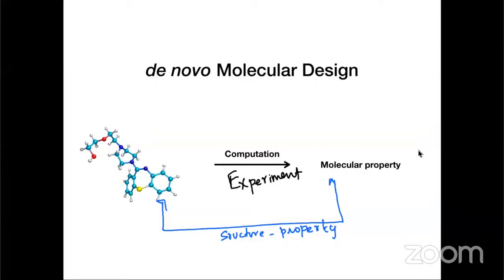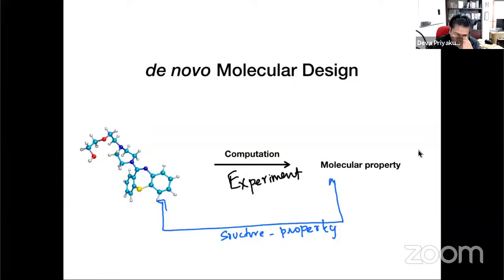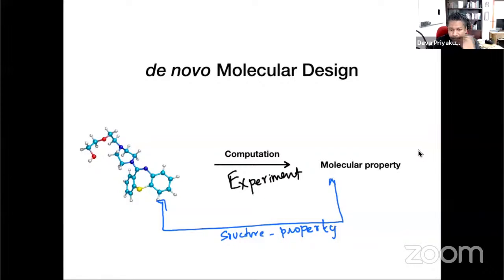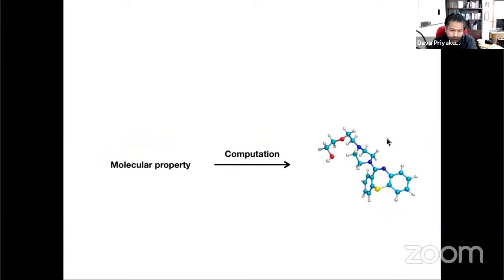But then what we do is exactly the reverse: we actually take the molecule and then calculate its properties, which is kind of not so efficient, but that's what we do, right? So this is the question we ask. We say, I want a molecule with a certain molecular property.